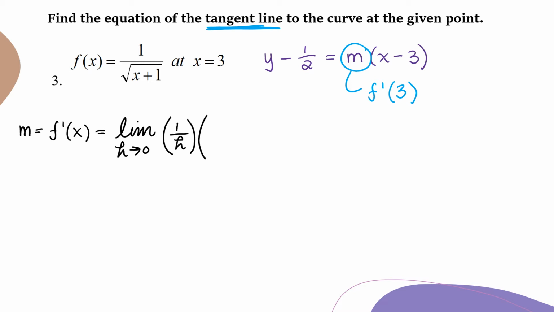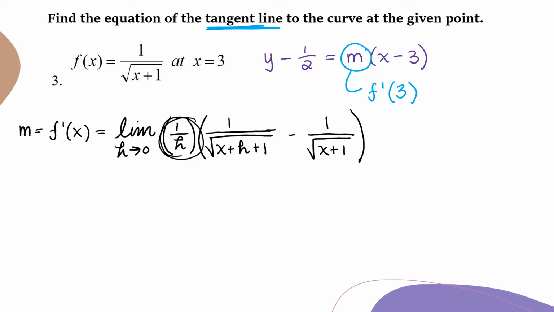So I have f of x plus h, so that'll be 1 over the square root of x plus h plus 1 minus f of x, so that'll be 1 over the square root of x plus 1. And this right here is that division by h.